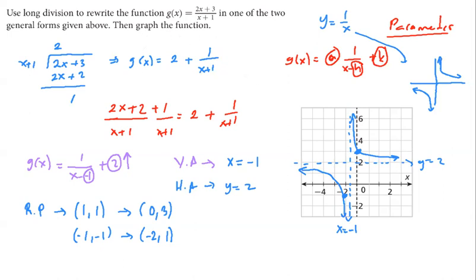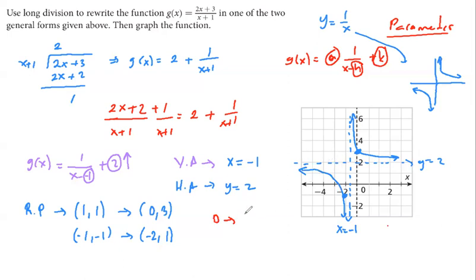The last thing I want to find is the domain, so let's do that as well. The domain is anything except the number that is on my vertical asymptote. The vertical asymptote is -1, so the domain is anything but -1.